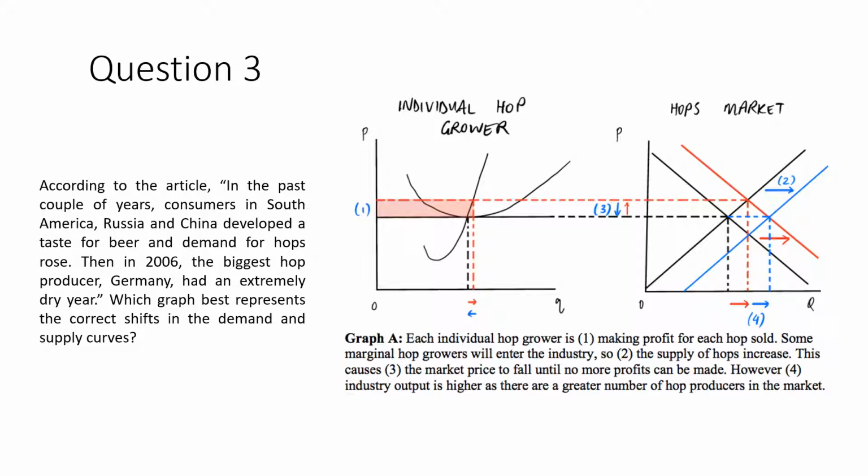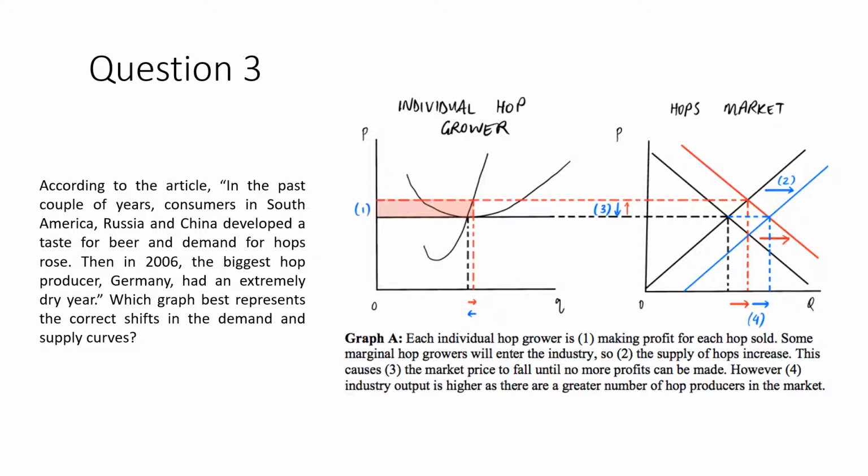And as more firms are entering the industry, the supply of hops increases, resulting in a shift in the supply curve, which is shown by the blue supply curve. However, this shift in the supply curve causes the price of hops to fall. Eventually, the price is driven back down to the minimum of the average total cost.